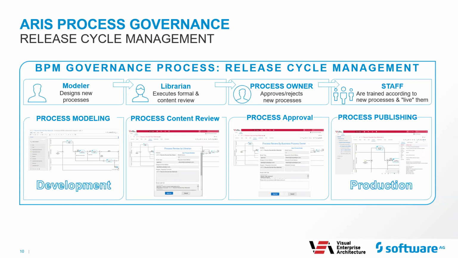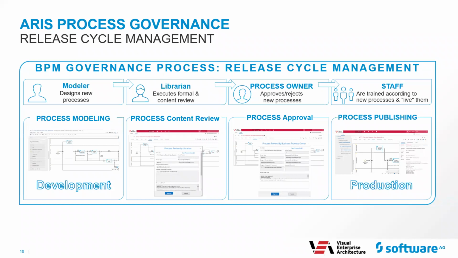We can check for numerous other conditions on the model. We can also configure this based on customer requirements and add additional edits, so that's fully configurable. Once the modeler has determined that the process model is ready for the RCM process, they would submit it.